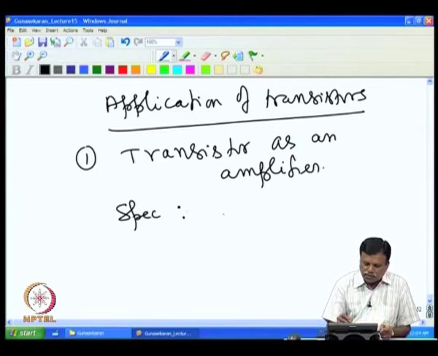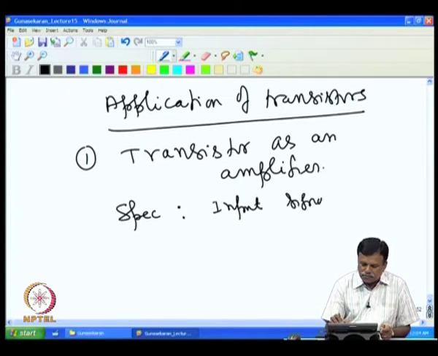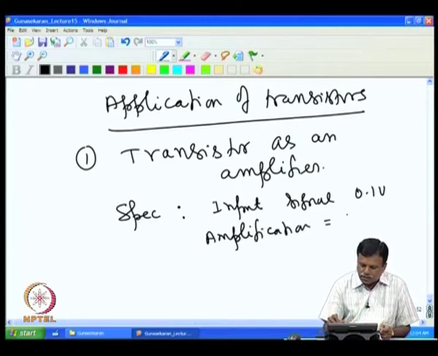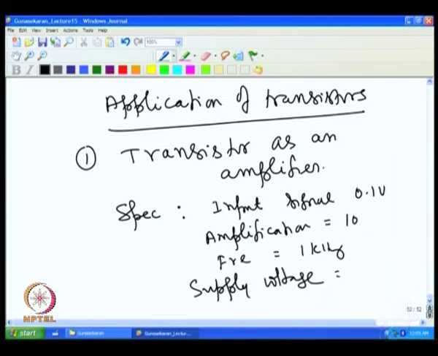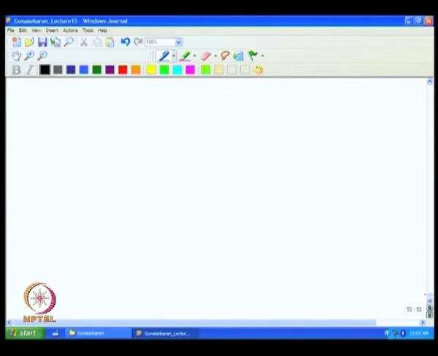I want a transistor amplifier, input signal is 0.1 volt, then I want amplification by a factor of 10. Amplification required is 10. Assume signal frequency is 1 kilohertz, then supply voltage, say 10 volt is the supply voltage that we have, and then I have to have a load.